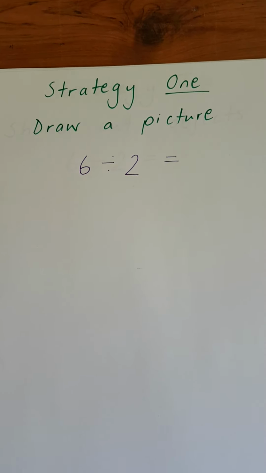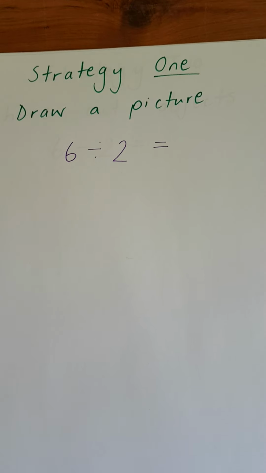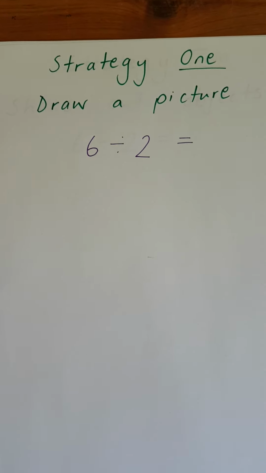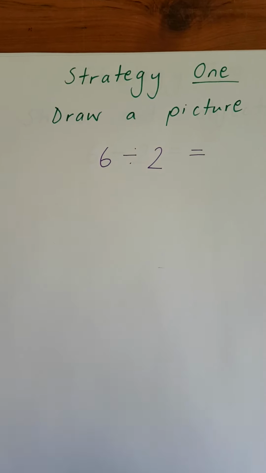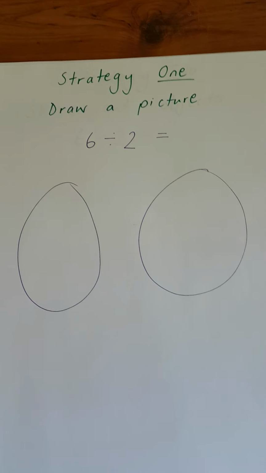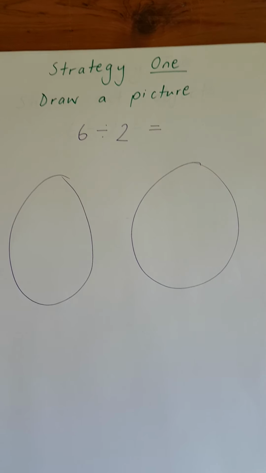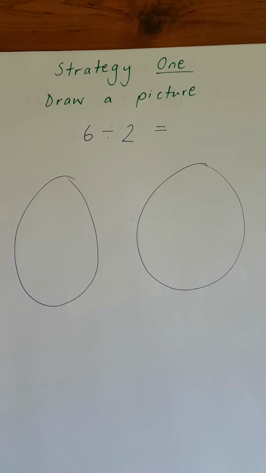So 6 divided by 2, to find 2 equal parts, because that is a half, we can draw the 2 sections. There's my 2 sections, and now we can share out equally 6 items.